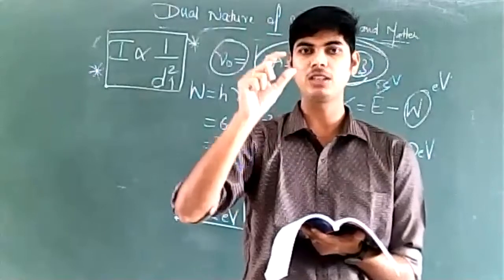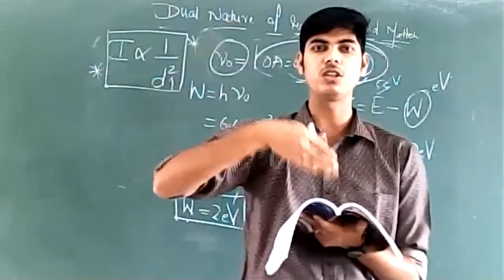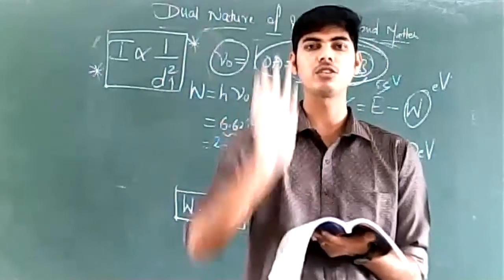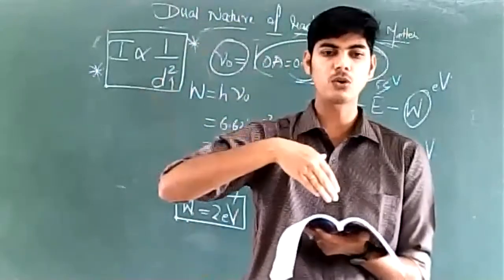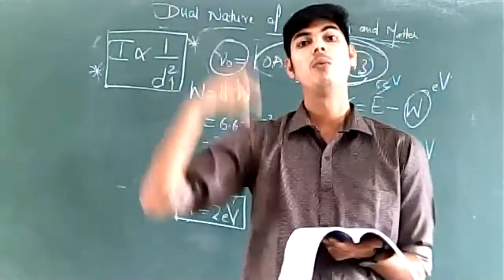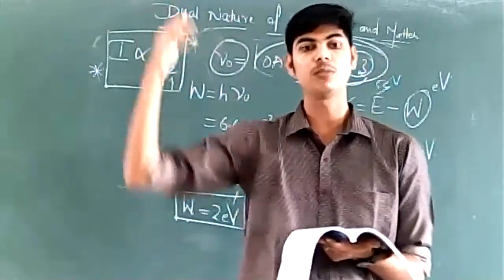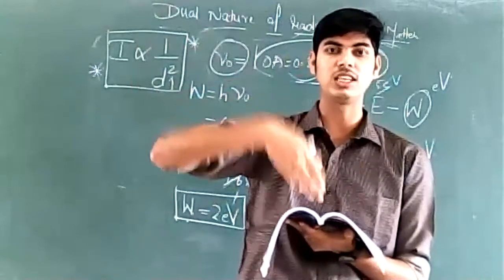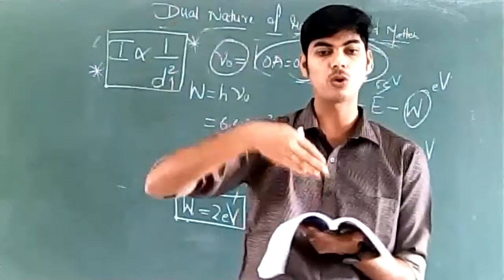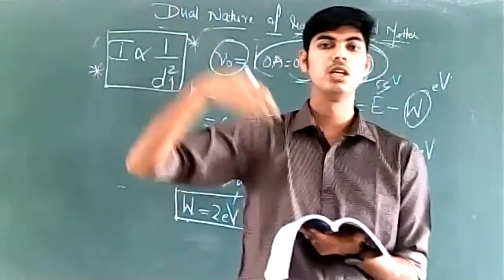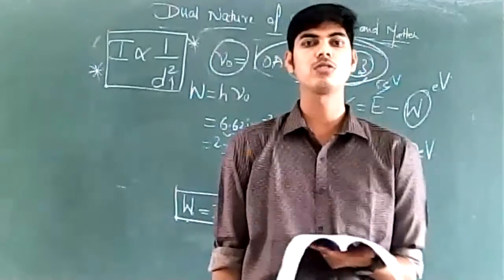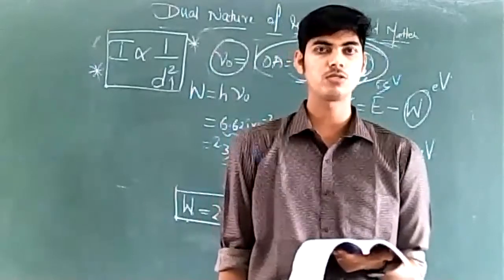If the intensity of light is less, it means fewer photons are falling on the metal surface. If 10 photons are incident, only 10 electrons will come out. If 20 photons are incident on the metal surface, 20 electrons will come out. If the intensity is high, probably 1000 photons may be incident on the metal surface, and 1000 electrons will come out.